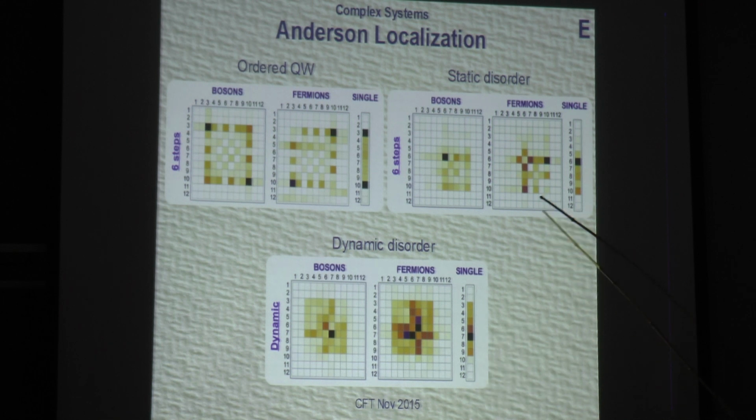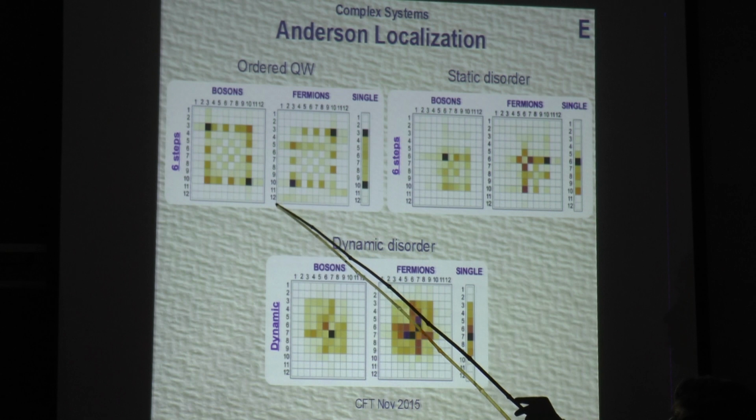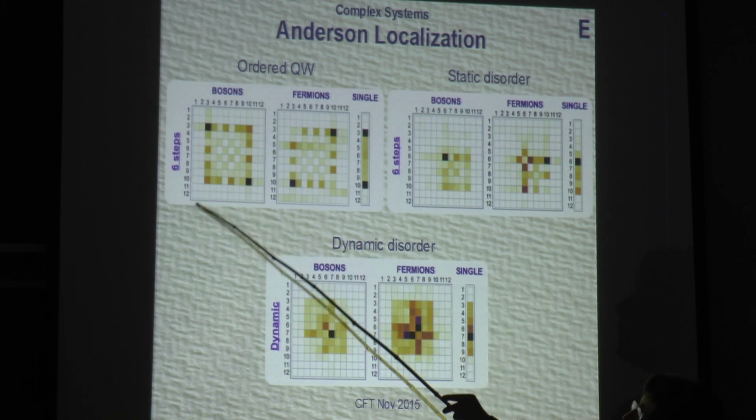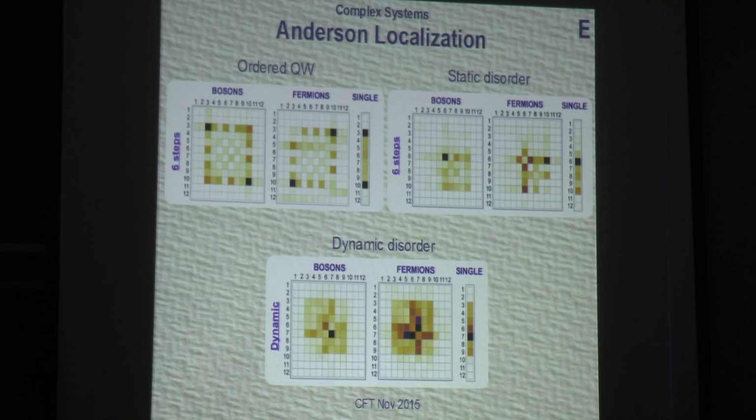Then the probability distributions for bosons and fermions in the presence of static and dynamic disorder were measured, and we see the effect of localization. What are the axes on these pictures? This is the position on the lattice.